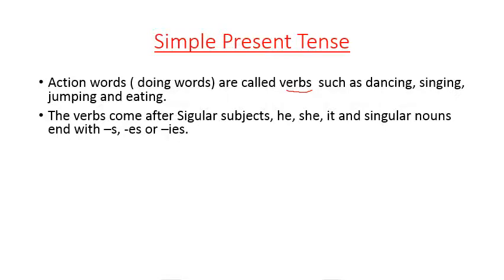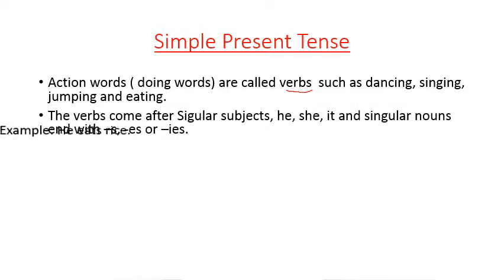Now, when we use verbs in simple present tense, there are some rules we have to follow. Verbs come after a singular subject, he, she, it, or with a singular noun. That verb ends with s, es, or ies.